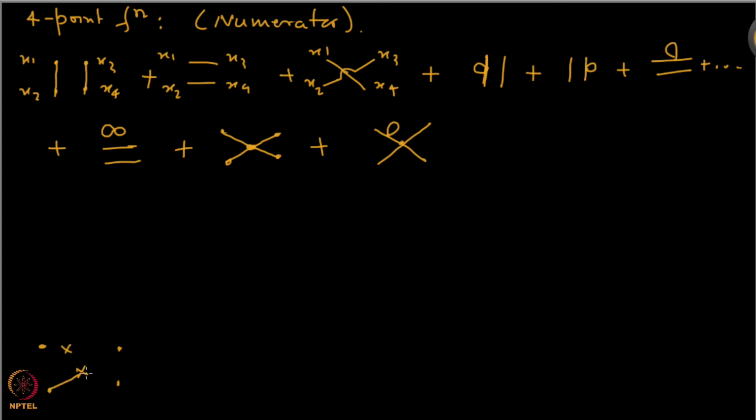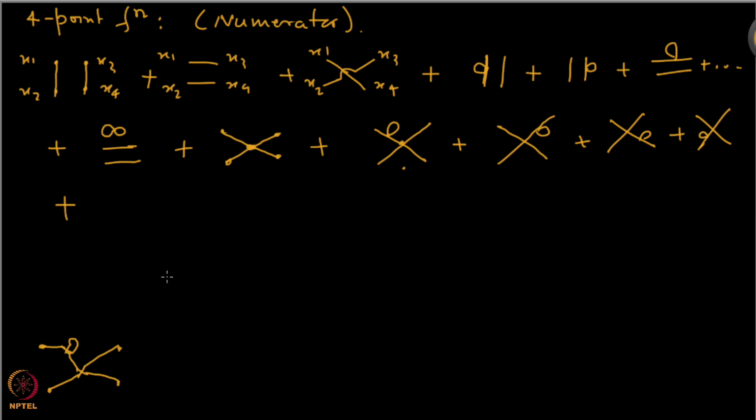So you connect like this. This is called an external leg correction. And of course, you can put corrections here and on other legs also.